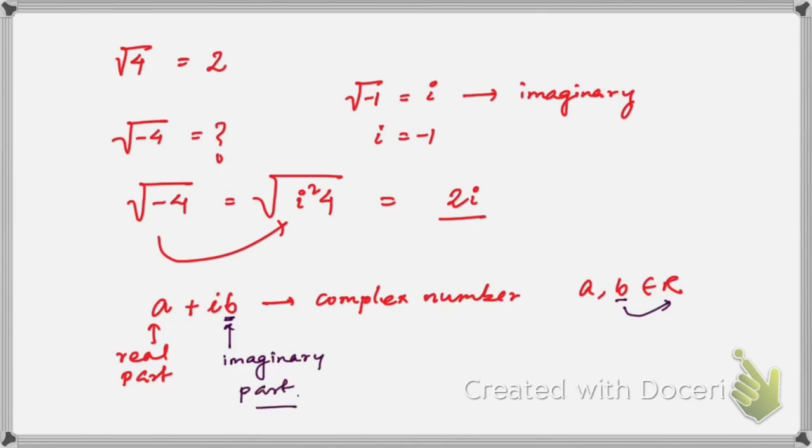So as a whole it is a complex number. a is the real part, and the number which is multiplied by i is called the imaginary part, right?